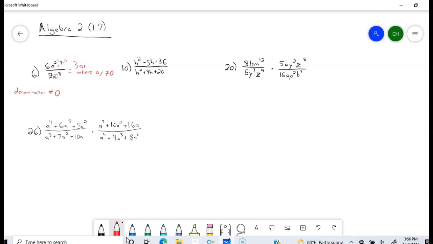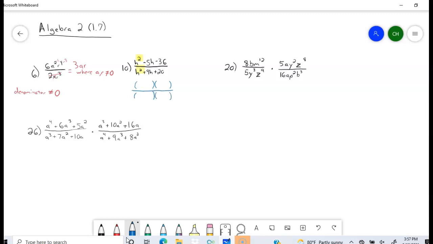All right. Number 10 looks a little bit different. We've got a quadratic. How do I know it's quadratic? Because the degree is 2 on both of them. The red flag that needs to be going off when we see that is that we have to factor. So I'm going to have something times something over something times something.